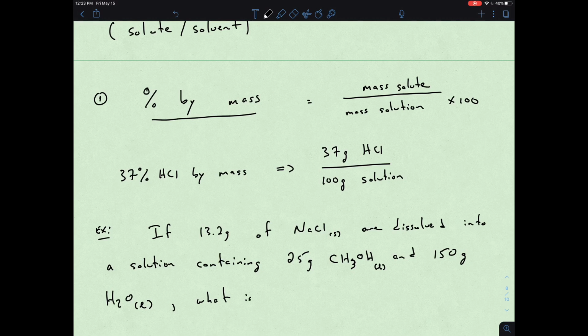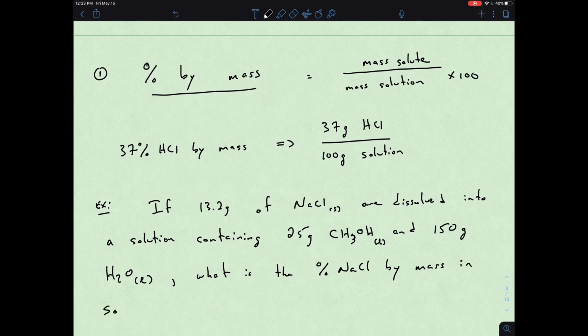What is the percent sodium chloride by mass in solution?